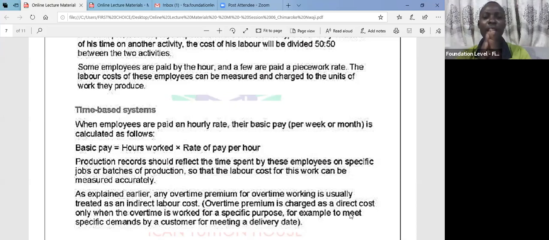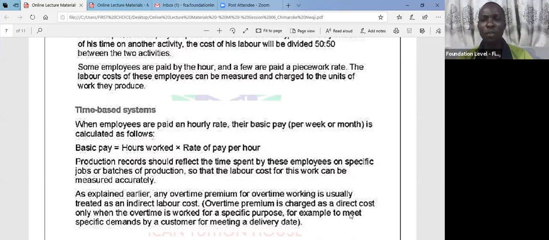Now, any overtime premium for overtime working, as I said before, is treated as indirect costs. So you see, in the time-based system, you usually have overtime. So you see, anything that has to do with time measure.